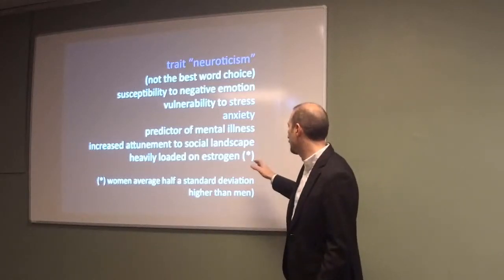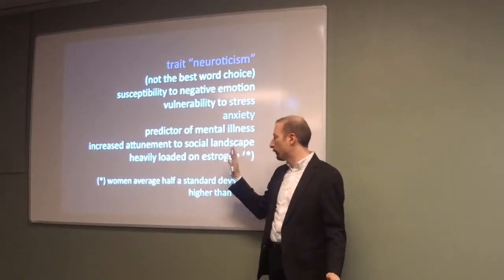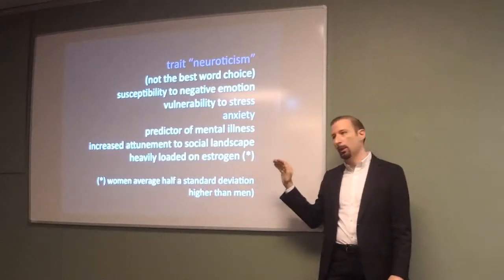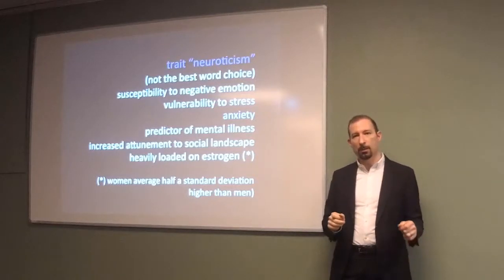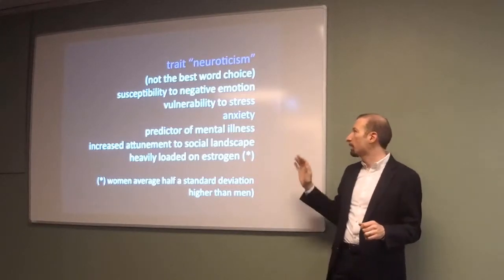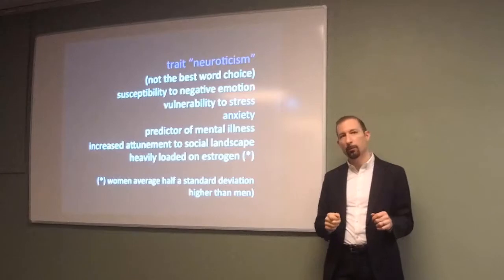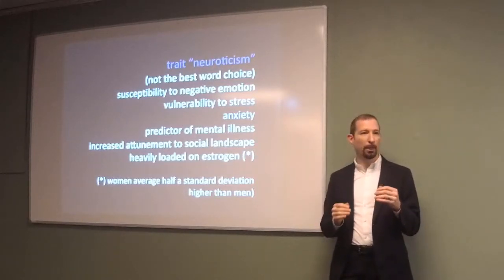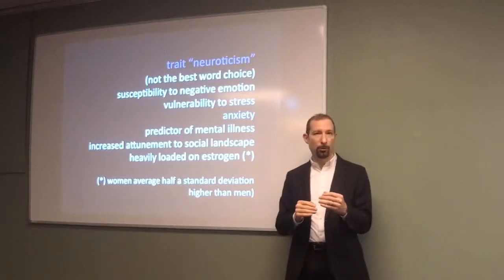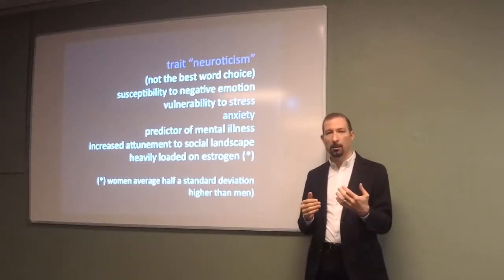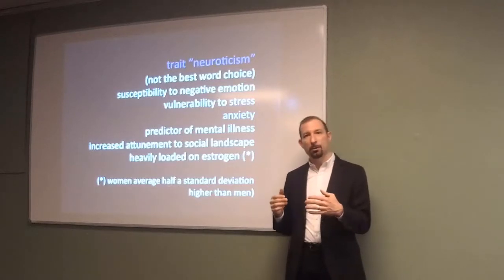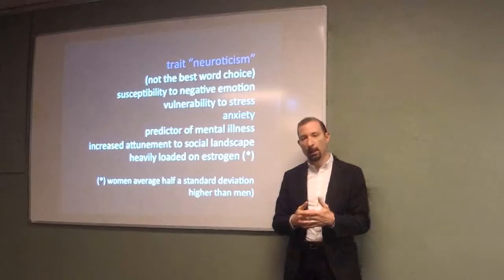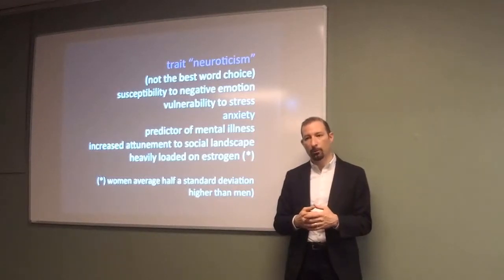Okay, so the other thing that will get you beaten up, but is unfortunately true, is that this is heavily loaded on estrogen. We can tell that because boys and girls score essentially identically on trait neuroticism until puberty. And then women's trait neuroticism shoots up, and it ends up being, on average, half a standard deviation higher, which is quite significant, and it stays there essentially through their lives. So it is thought that this is an adaptation to childbearing.